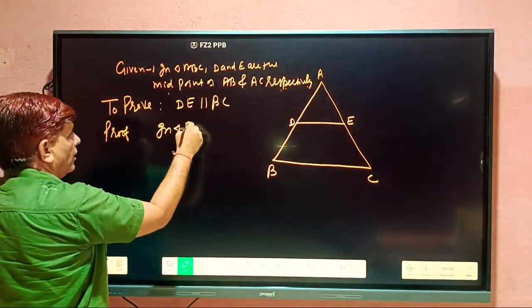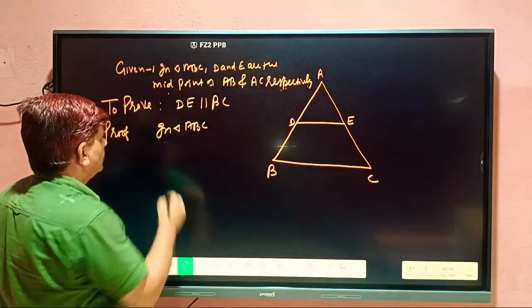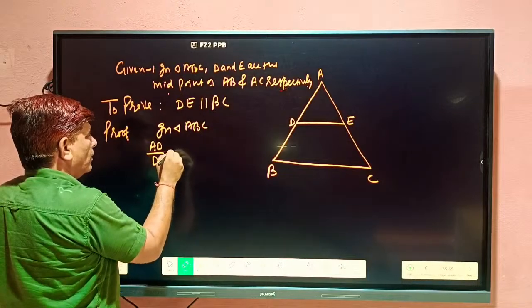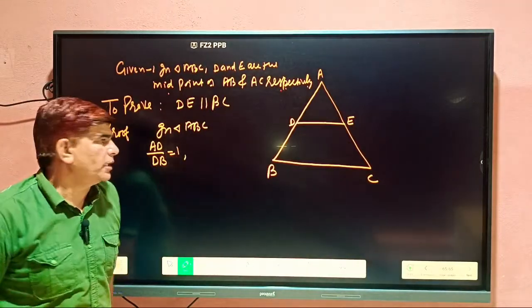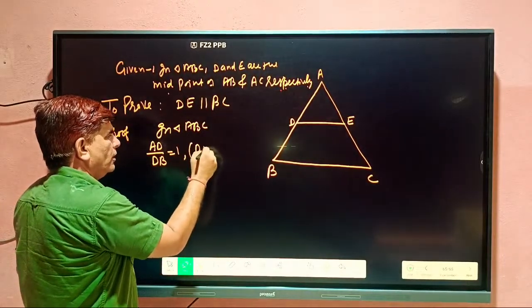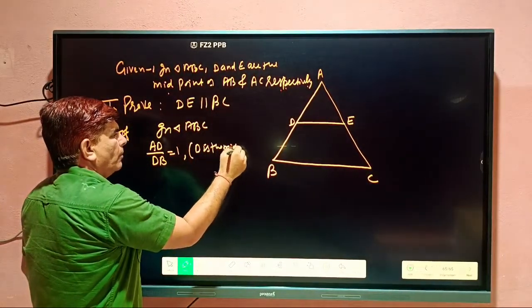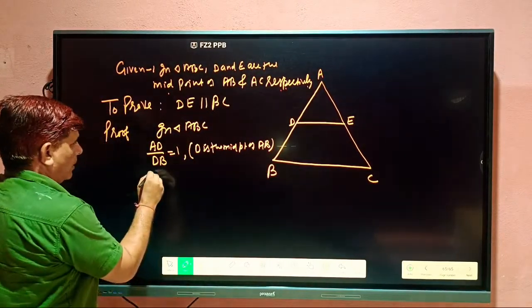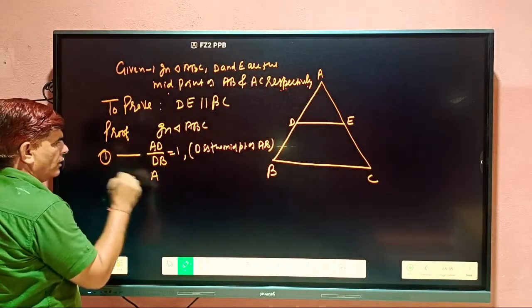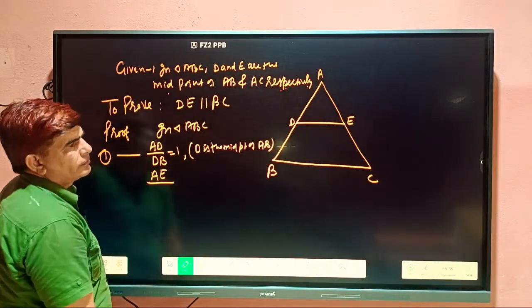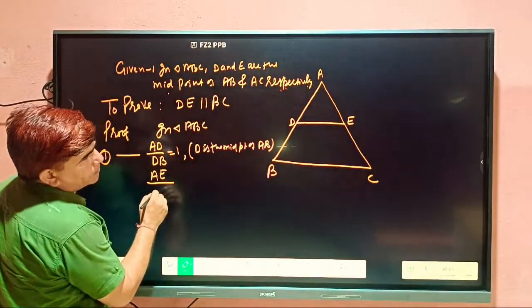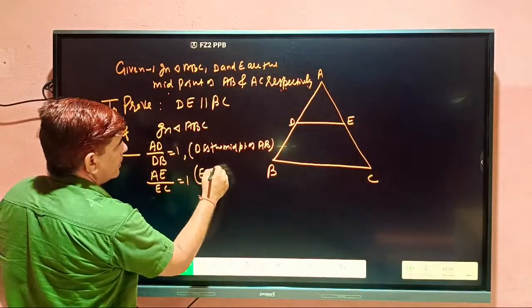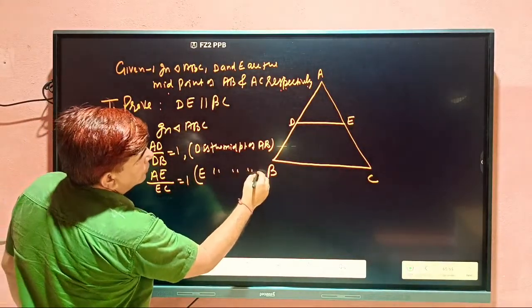In triangle ABC, AD by DB is equal to 1, because D is the midpoint of AB. AE by EC, this is also equal to 1, because E is the midpoint of AC.